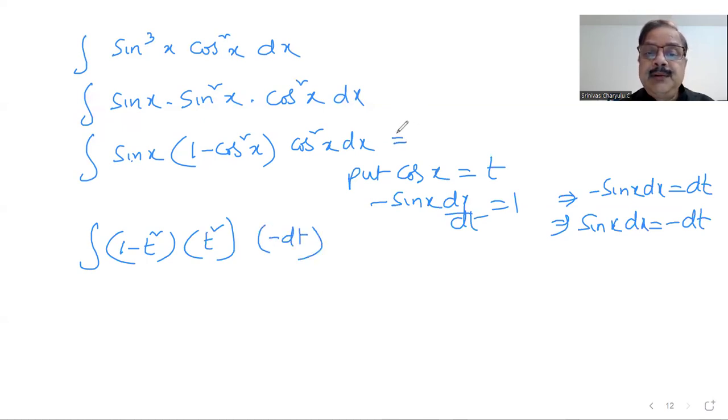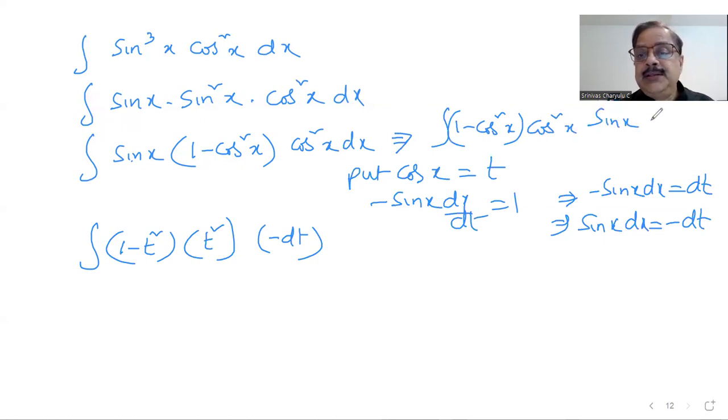So I am just rearranging this sum so that you will not get confused. Cos square x into sin x dx. So now sin x dx is minus dt, cos square x is t square, 1 minus cos square is 1 minus t square. You multiply inside, and minus you bring outside.